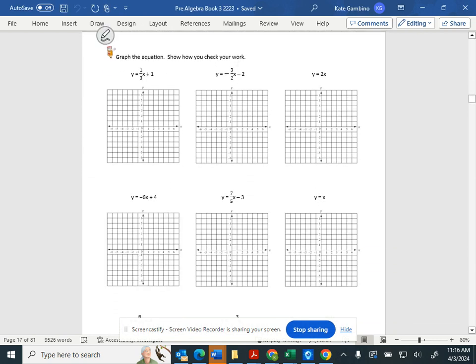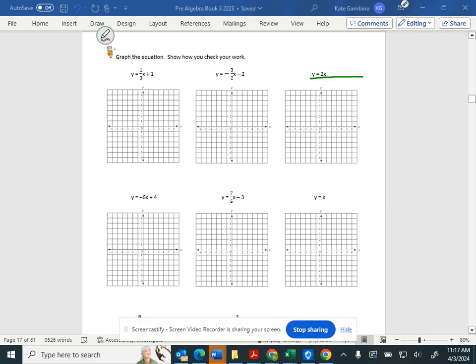What if there's nothing after that 2x? What is my y-intercept? What would the y-intercept be, Lauren? 2. Nope, 2 is the slope. Fiona? 0, 0.